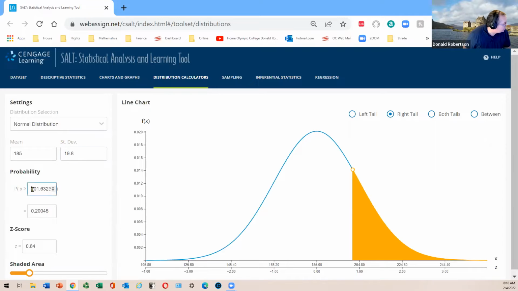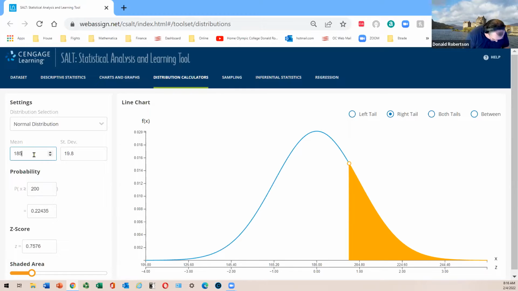And we want to know what percentage of you are bigger than 200. The answer came out as about 22%. So 22% of American males are overweight, at least in that year.